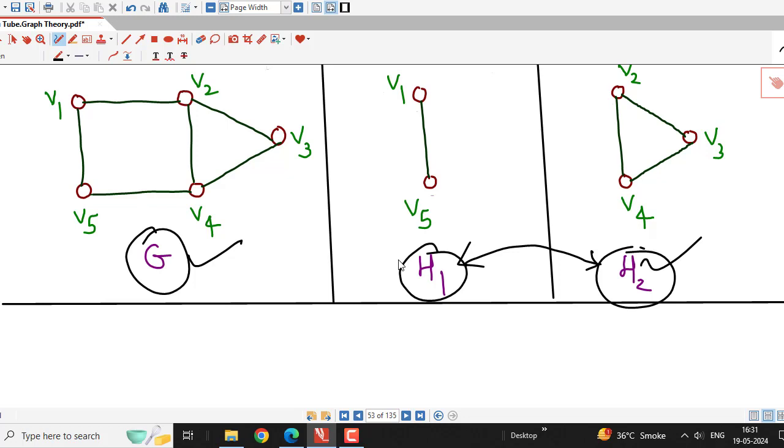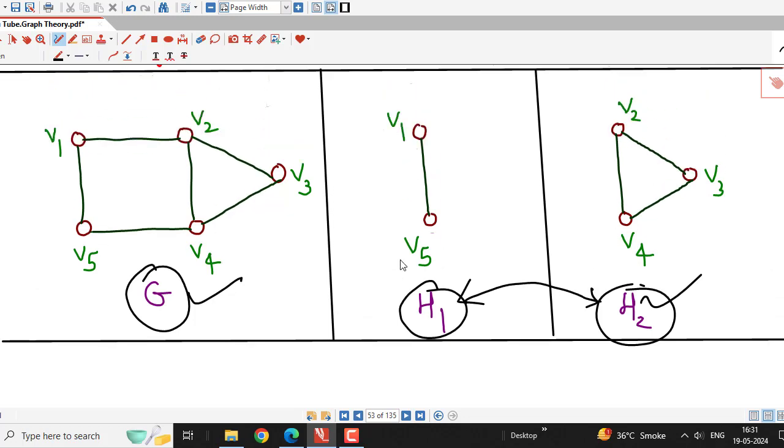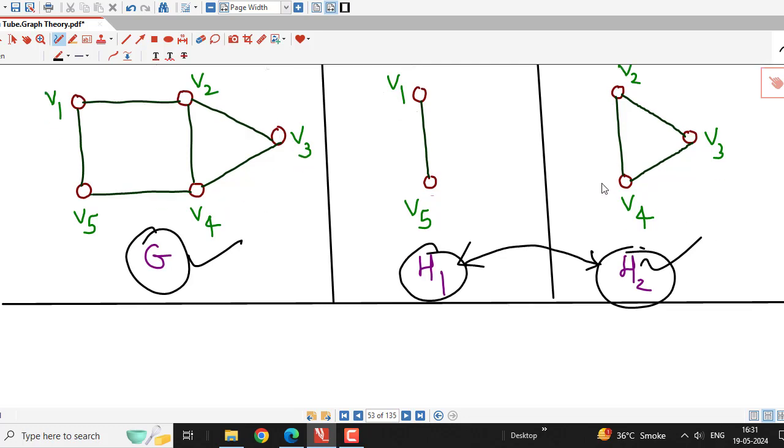Similarly, we can construct another pair of subgraphs which are disjoint. Here I have taken V1 and V5, I have taken V2, V3 and V4 for constructing H1 and H2. You can construct your own subgraphs also.